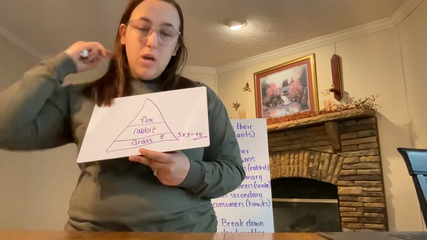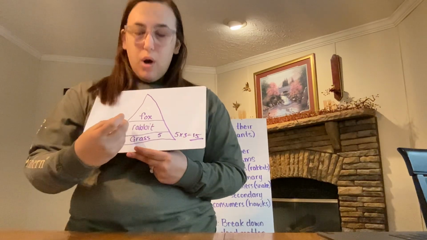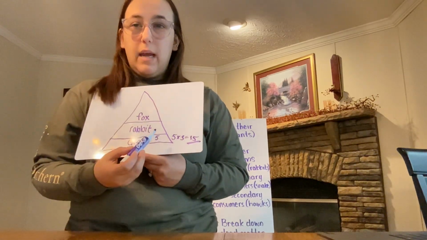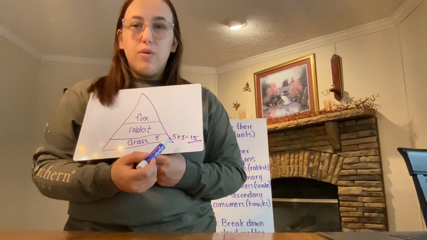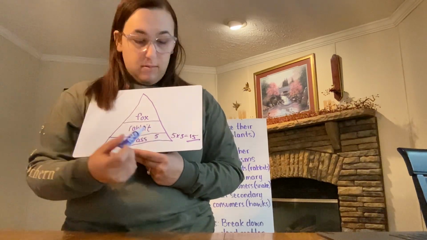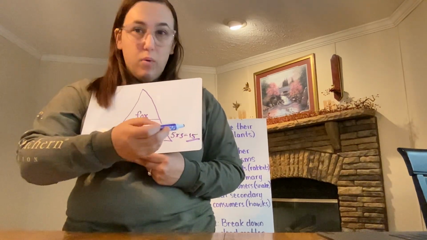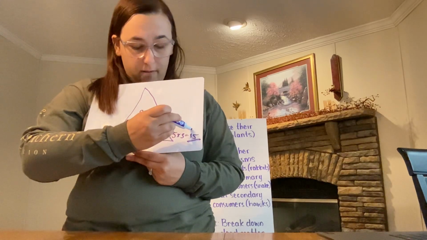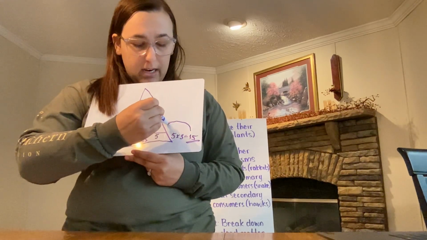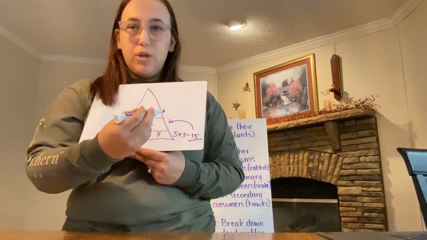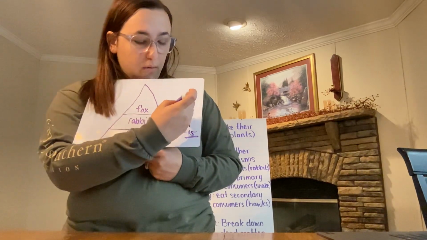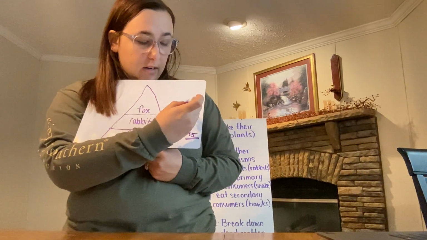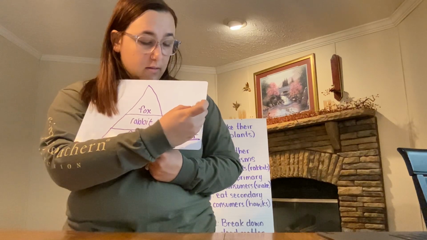Okay, so now say our rabbit comes along and eats all 3 grass plants. The rabbit will then receive all 15 of those energy points. So now our rabbit has 15 energy points.